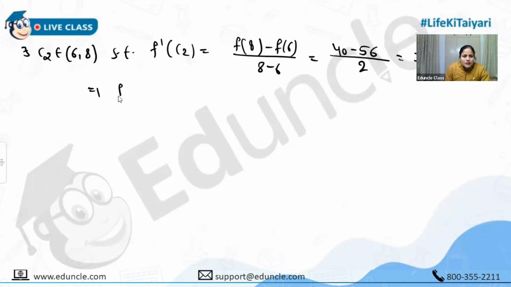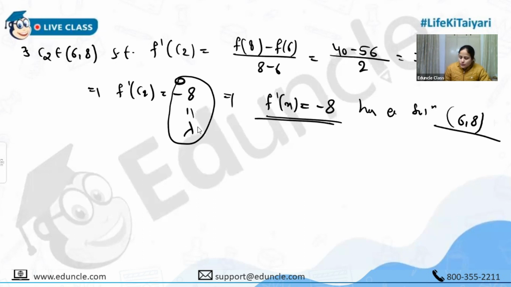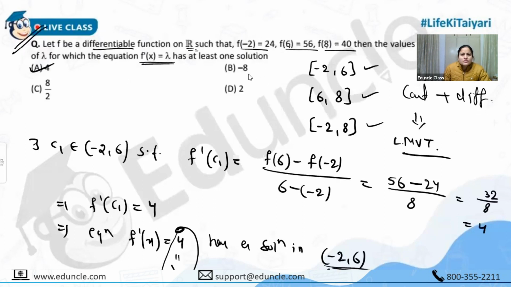So f dash at C2 is equal to minus 8. So the next possible value of lambda is minus 8, because f dash x equal to minus 8 has a solution in the interval 6 to 8. So option B is correct.